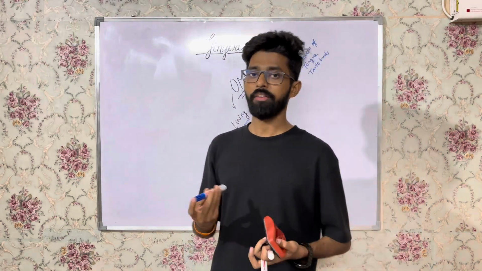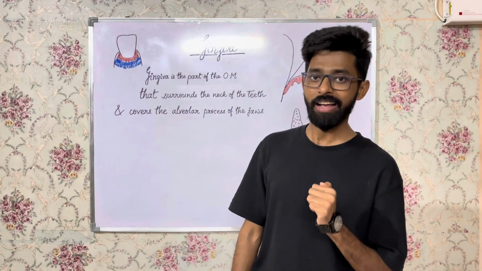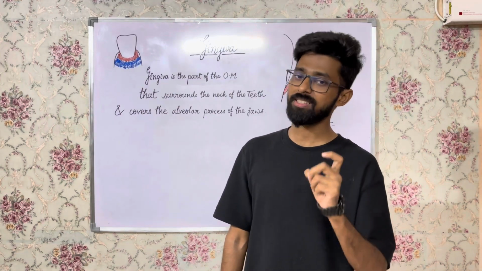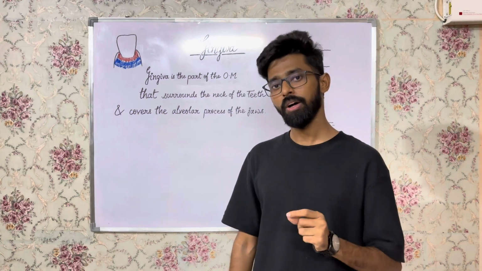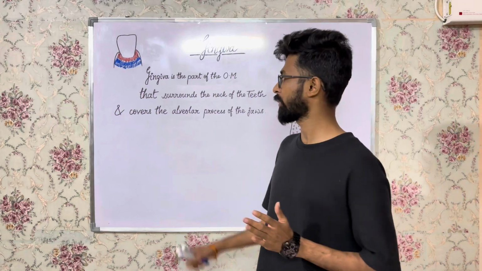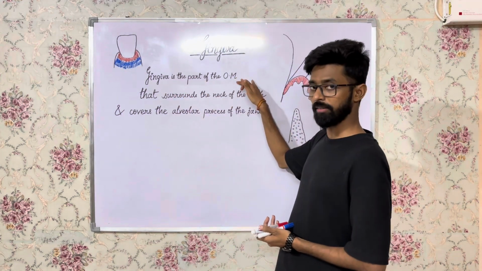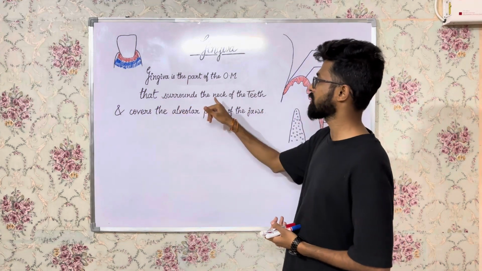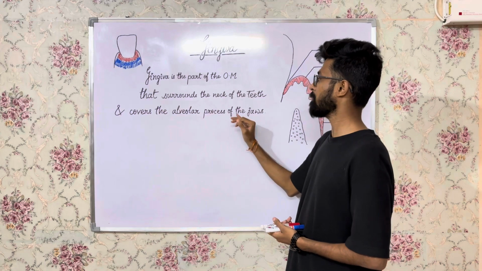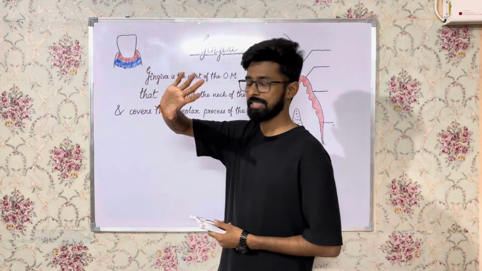Now we will come to the definition and classification of gingiva. Gingiva is that part of the oral mucosa that surrounds the neck of the teeth and covers the alveolar process of the jaws. This is the tooth, an example.